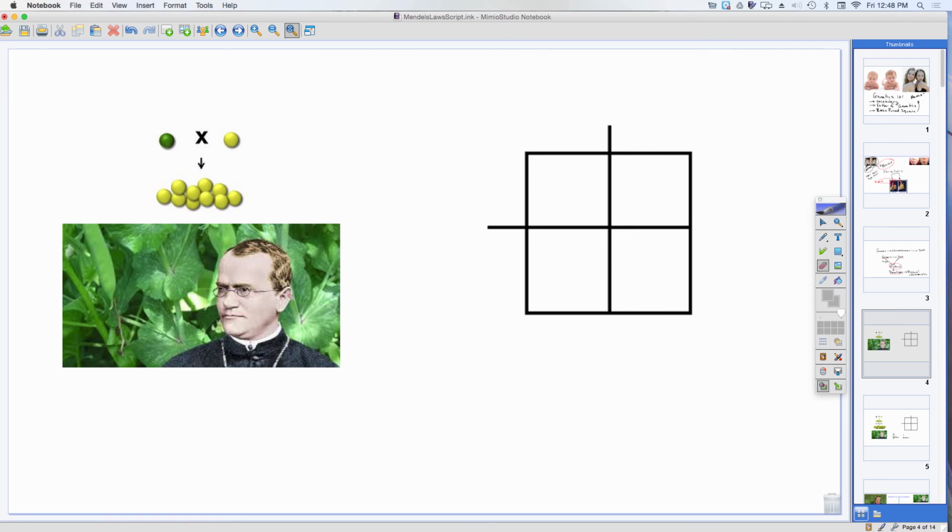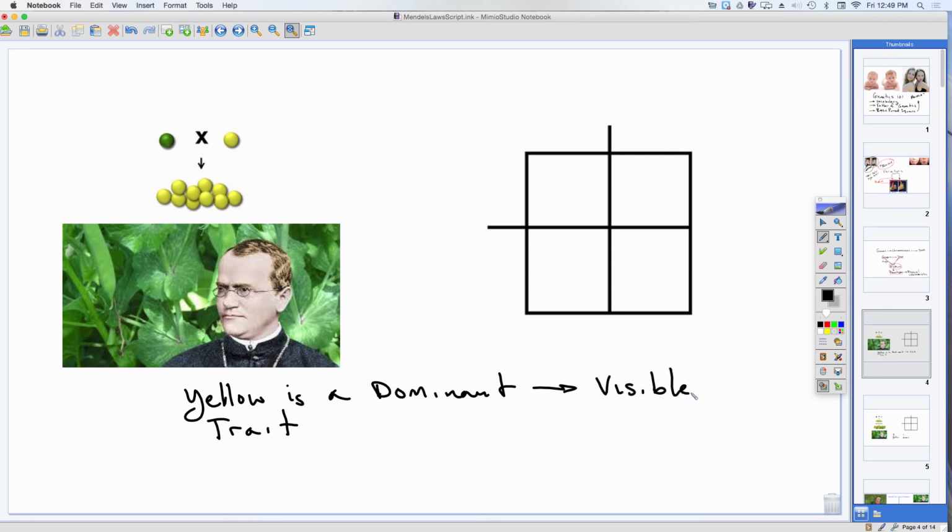So if we look at our first genetic cross, Mendel came to the conclusion that yellow is a dominant trait. He said it was dominant because this is the visible trait in the hybrid.